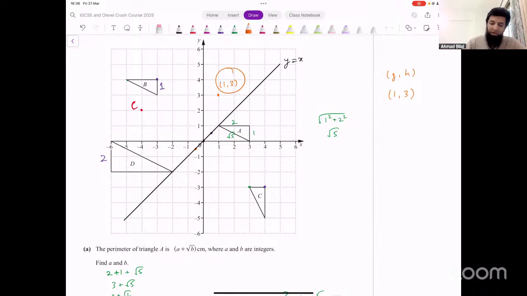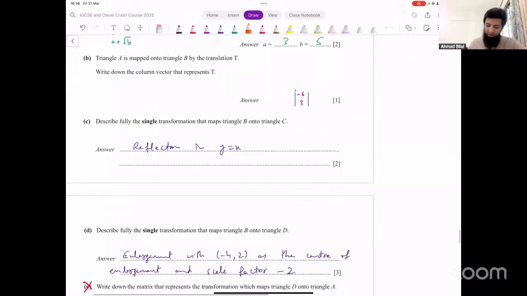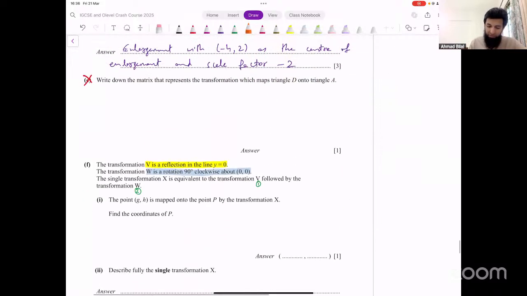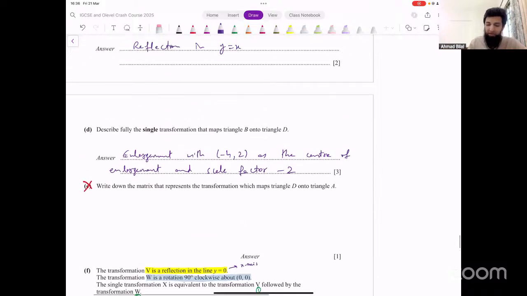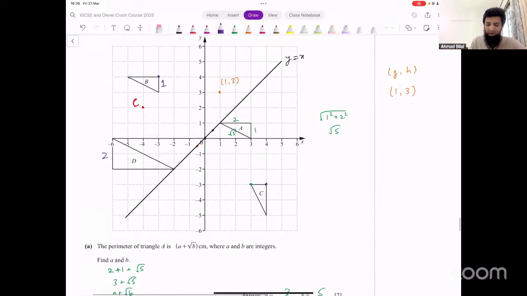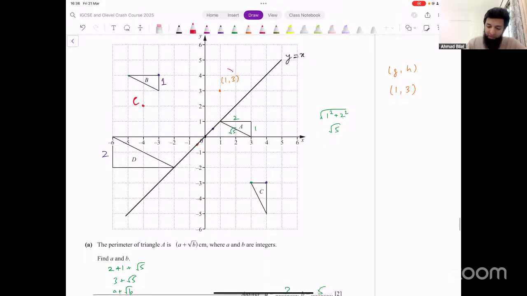This is the point. Now, if you reflect this point, what's the first transformation? Sorry, the first transformation is a reflection in the line y equals 0. What's the y equals 0 line? Y equal to 0, that's the x-axis, right? Y equals 0 is a horizontal line. This is the y equals 0 line. Reflect this point in the x-axis.